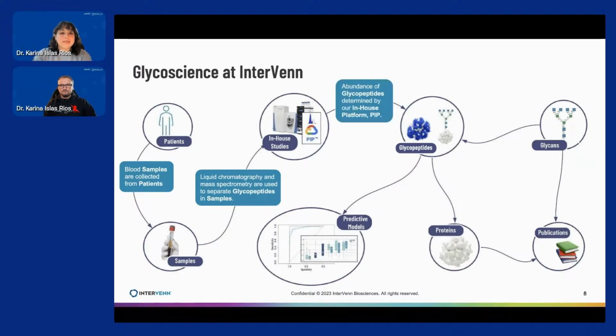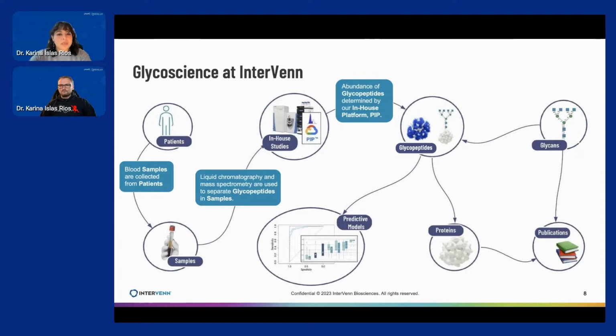After these methods, this goes into a software that was developed in-house by Intervene, and it is pretty much where all of our AI technology is applied. From liquid chromatography and mass spectrometry, we obtain the spectra, and this process used to be done manually in the past.